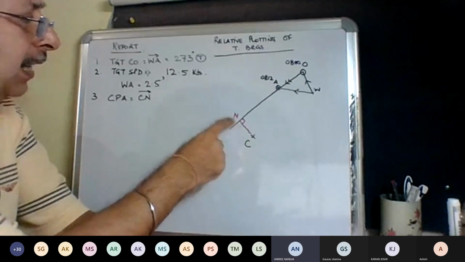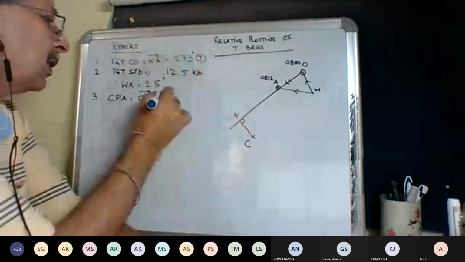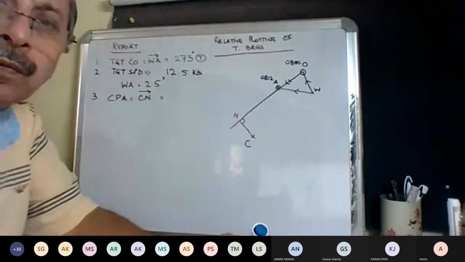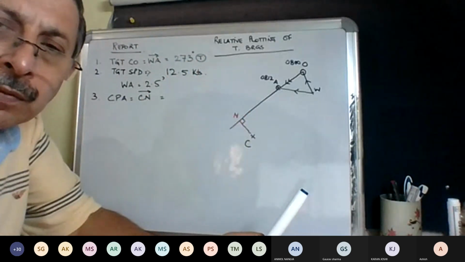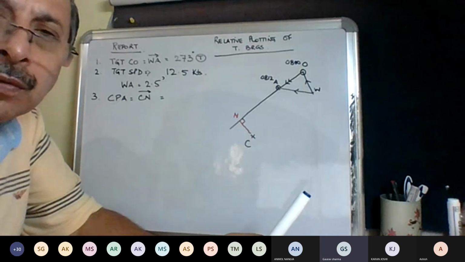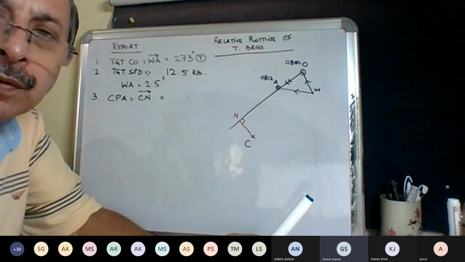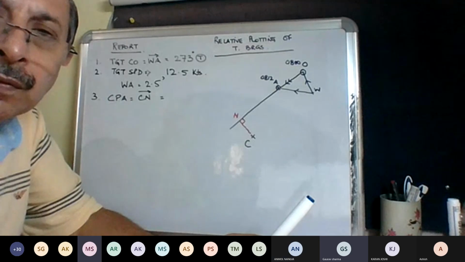CPA is CN. So measure CN on the same scale and उसका डिस्टेंस निकाल लो. 1.8.